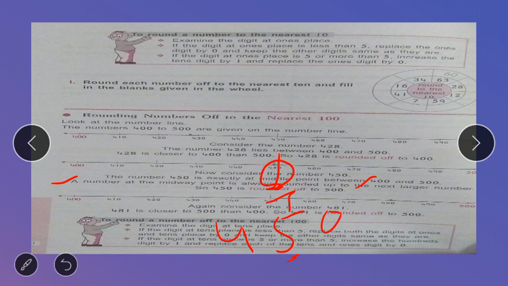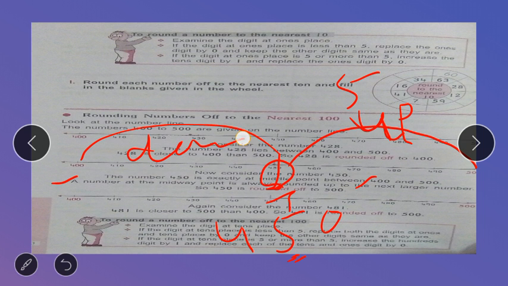It is neither more than 5 nor less than 5. As I have told you, if the number is 5 or more than 5, you will have to go rounding up. This is rounding up, and if we move this side, that is rounding down. So we will round up, and the rounded number of 450 will be 500.